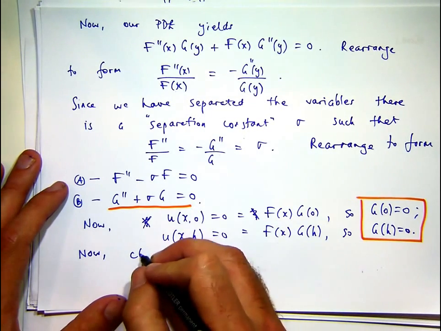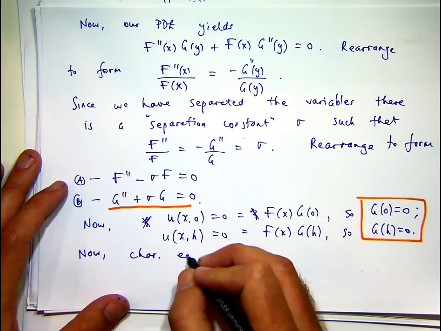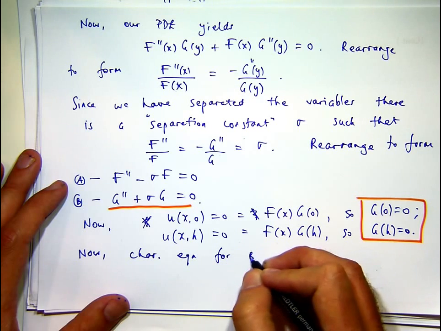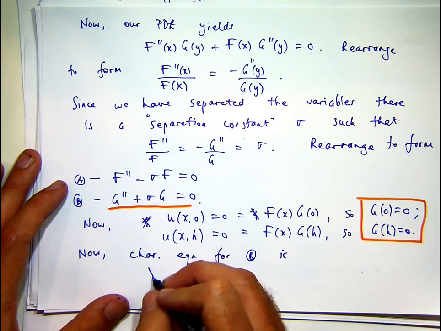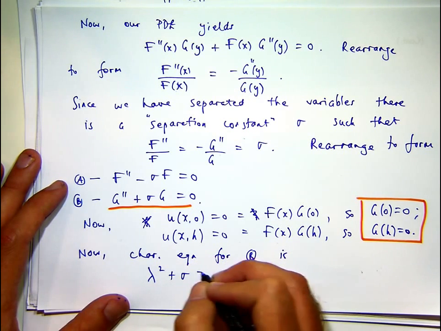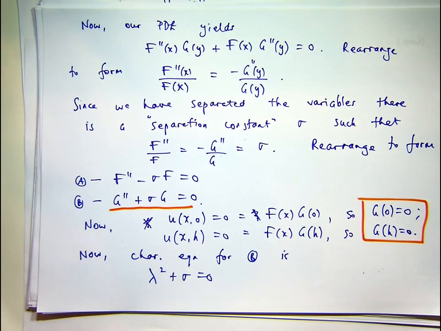So let's call a characteristic equation now, depending on whether sigma is positive, negative, or 0, we're going to get different roots for that bottom line.